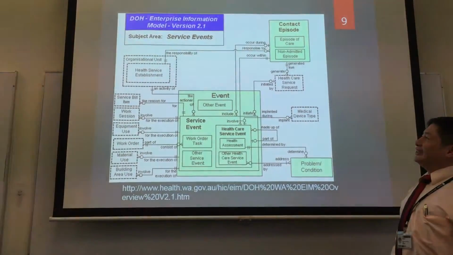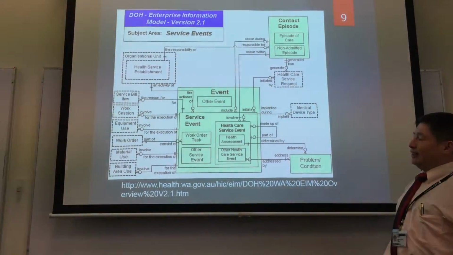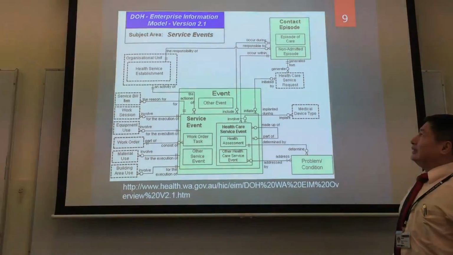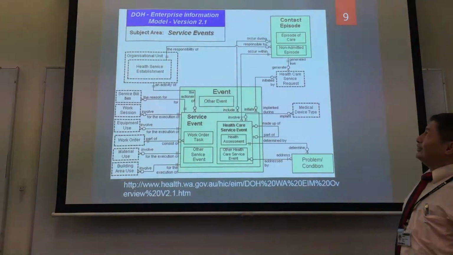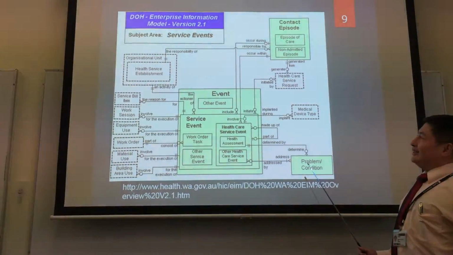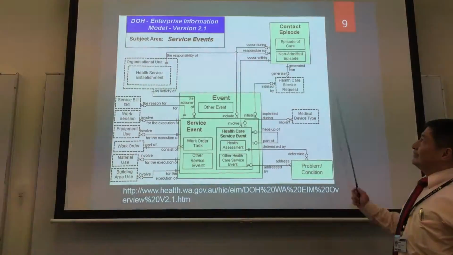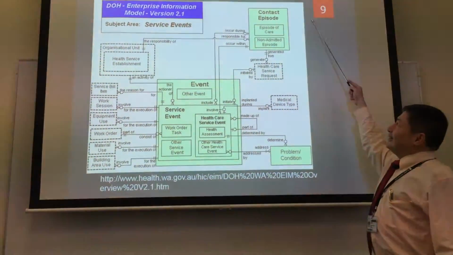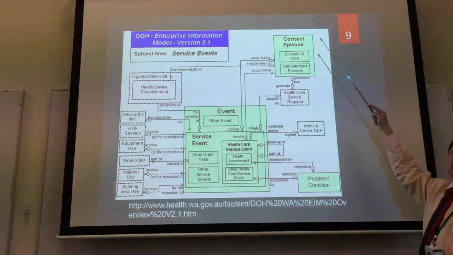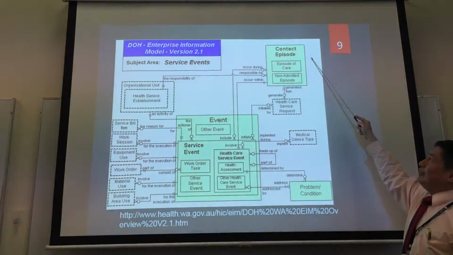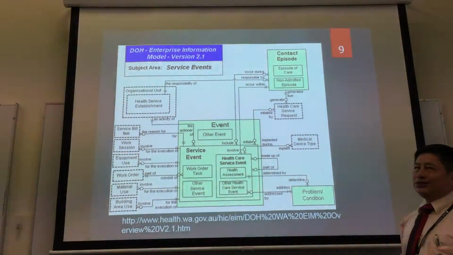That is a very well designed healthcare enterprise information architecture model. The two main enterprise entities that represent healthcare organizations throughout Western Australia begin with contact episode. Why is contact episode so important?